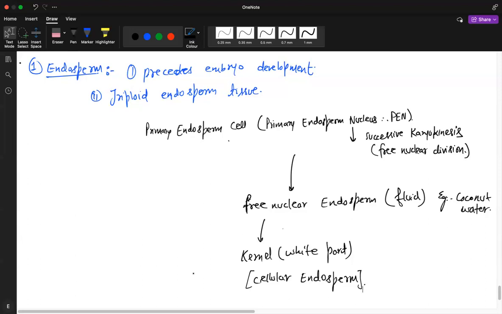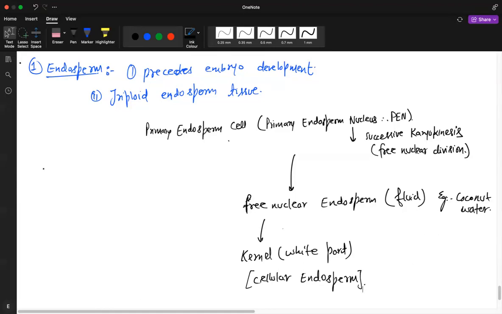The whole function of endosperm is to provide nutrition. That's clear. Now, based on this function, there are two types of seeds that we get out of plants. Now, in one kind of seed, this endosperm is completely used, okay, by the embryo. So the embryo eats up all the endosperm, okay, and you do not see any endosperm left in the seed before the seed matures.